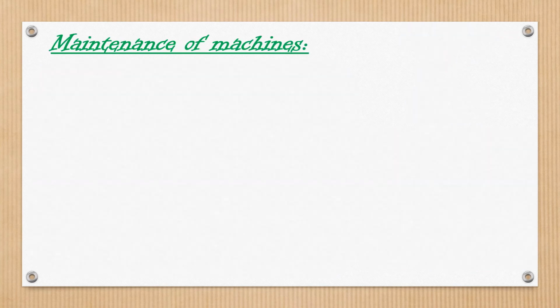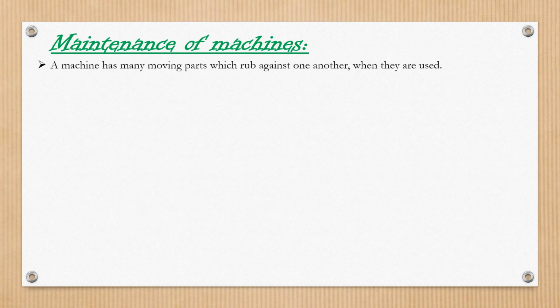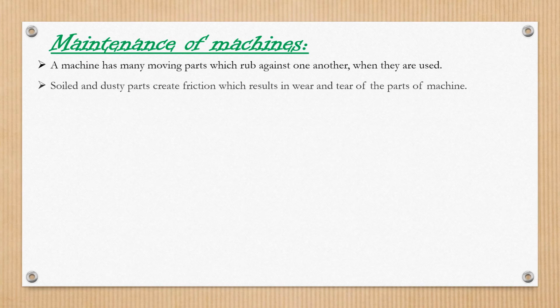Students, now let's understand how we can maintain a machine. That means we will understand now the maintenance of machines. A machine has many moving parts which rub against one another when they are used. Soil and dusty parts create friction which results in wear and tear of the parts of the machine.